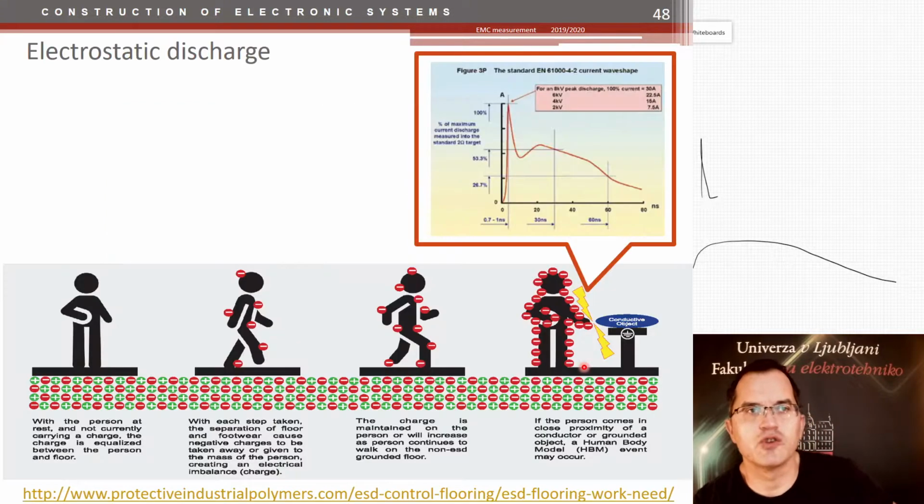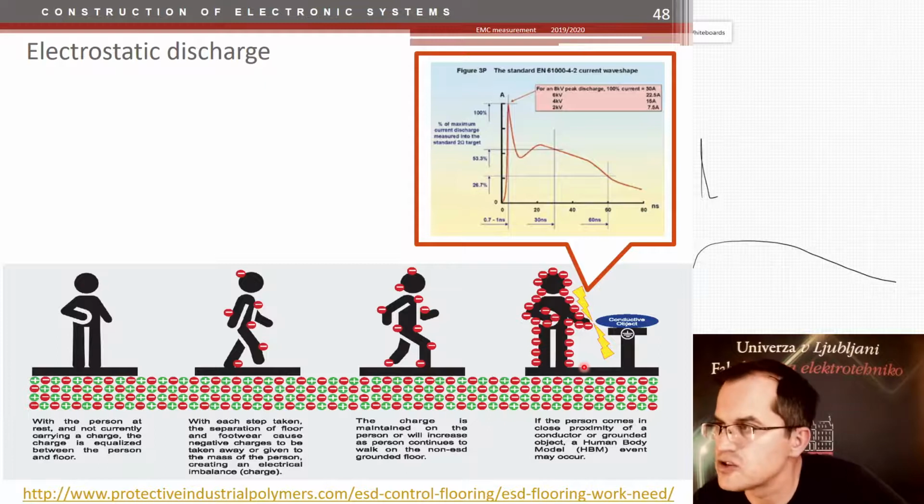Finally, I would like to talk about electrostatic discharge. This electrostatic discharge is usually human caused. When we walk, we build up charge, and how much voltage you gain depends on the air humidity, the footwear, the clothes we wear, and the ground we walk on.